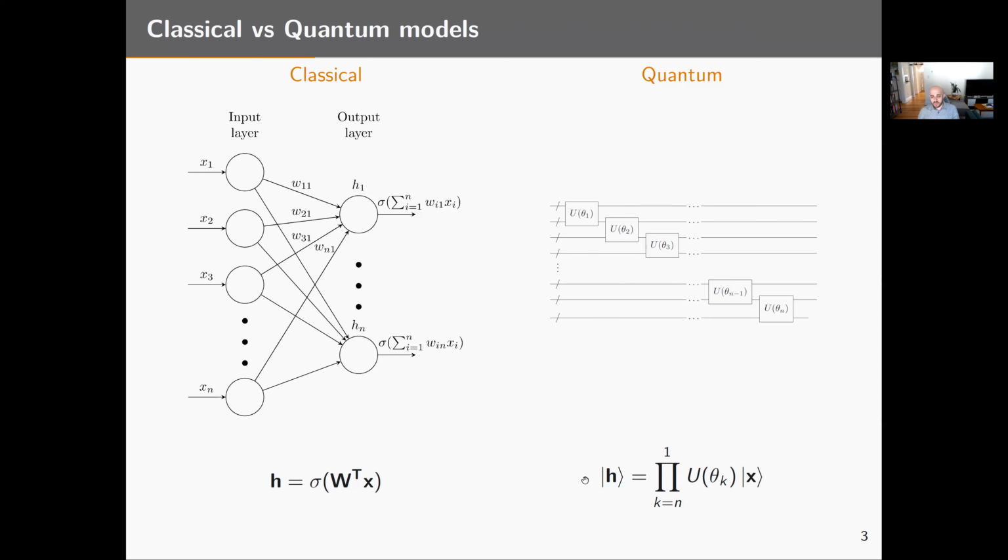If we write it down, we see that we have our vector h being acted upon by unitary matrices, and then this produces a hidden state, or we're going to call this a hidden representation for now. And it's worth pointing out that in this case, the order of operations of these unitaries matters.